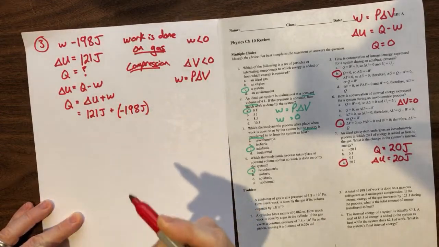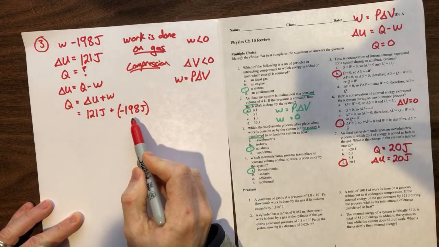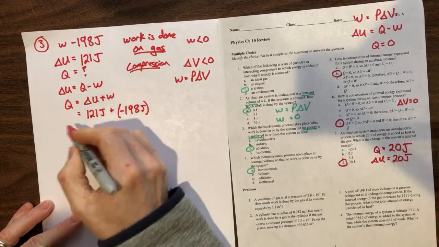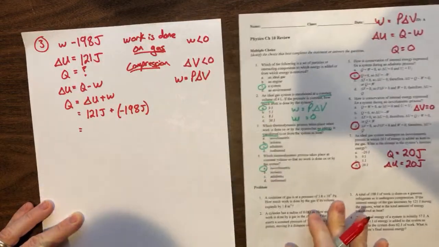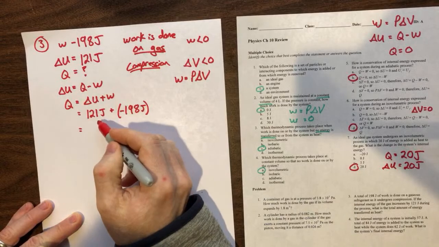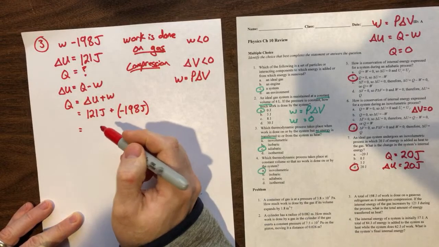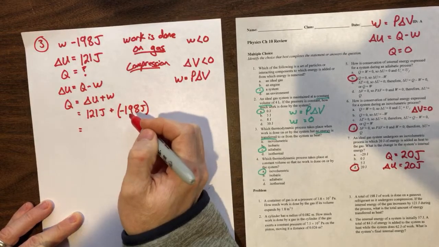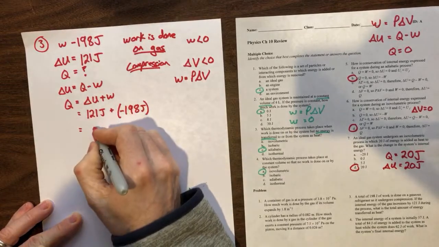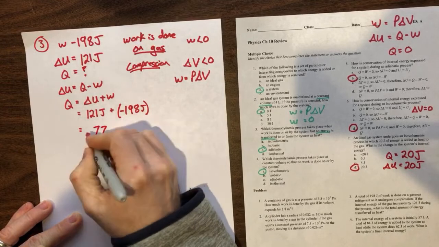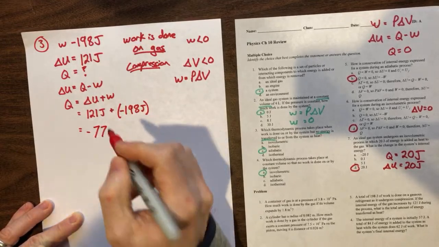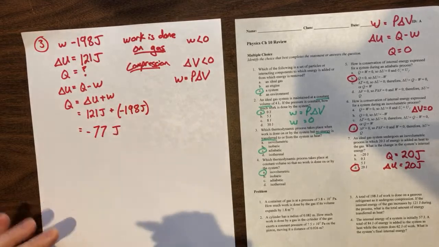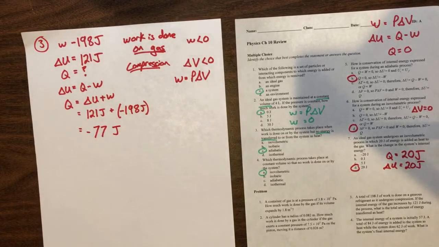So we're going to subtract the two numbers, keeping in mind that our negative number is larger, and so that's going to give us a negative number for Q. It's 121 minus 198, and you can put that in your calculator or just do it in your head. 198 minus 121 is 77, and once again the negative number is larger, so that's negative 77 joules. That's the value you have for Q here.